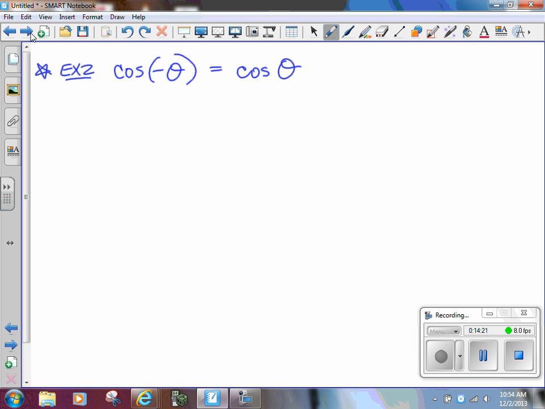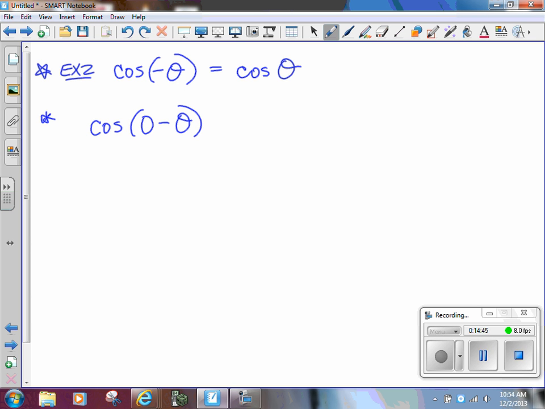What could I subtract? What could I add that would yield a negative theta? 0 minus, now this is a stretch problem, okay? Cosine of 0 minus theta.